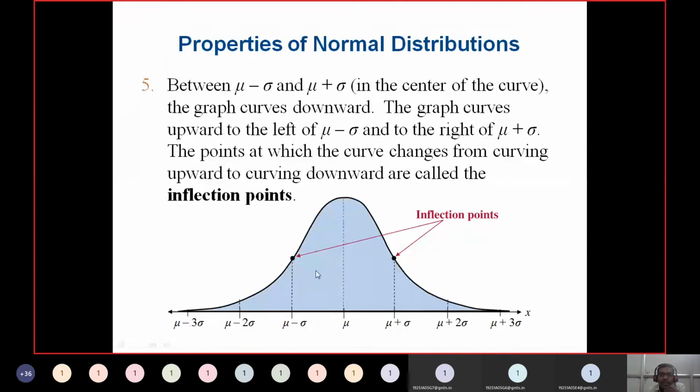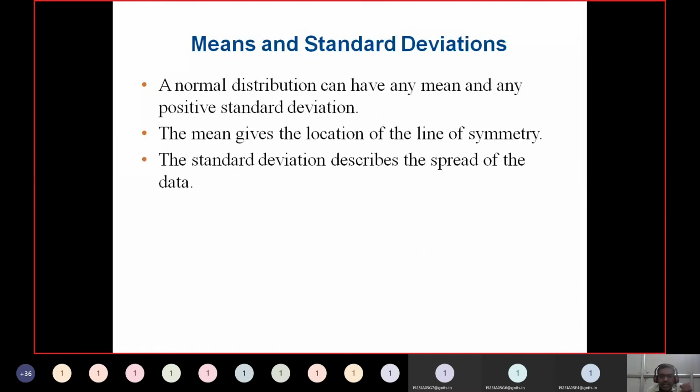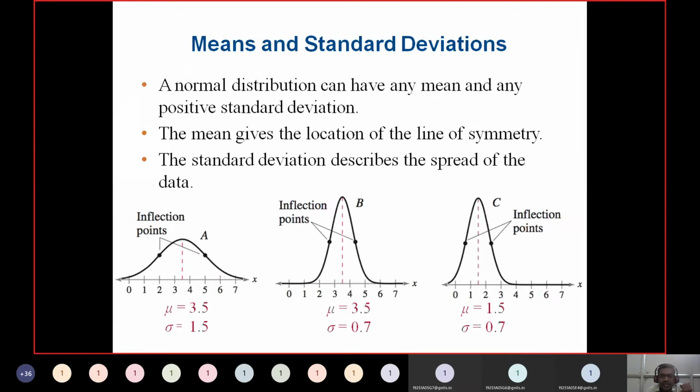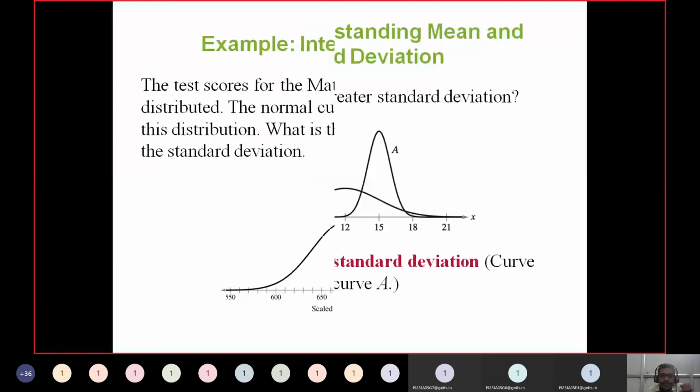What do we mean by inflection points? The points where the concavity changes from concave downward to concave upward. Do you agree or not? So in the given graph, identify where the inflection points are. That will give you an idea about the standard deviation.